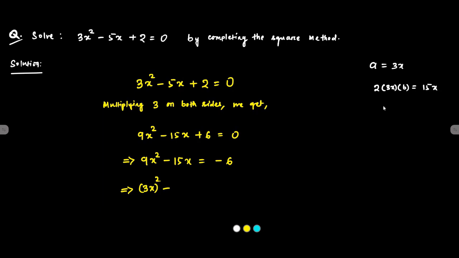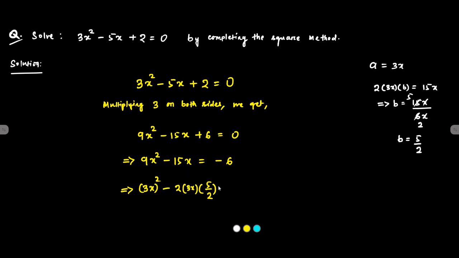That implies b is equal to 15x by 6x. 6 gets cancelled, 5 cancelling with 3, and this is 2, so 5 by 2. So b is equal to 5 by 2. If we do 2 into 3x into 5 by 2, then it will be equal to 15x.